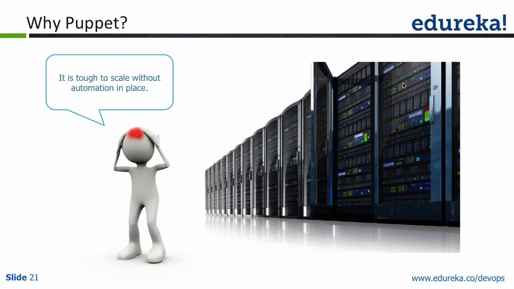But if you have thousands of servers, which are maybe growing on a daily basis, it becomes really, really difficult to manage this infrastructure manually and to make changes manually. Think about this guy, who is probably managing more than 1,000 servers. If he has to log into each server just to check how the application is behaving or what the health of the server is, he will go mad. That's how he probably is now, because maybe he is managing the infrastructure manually.